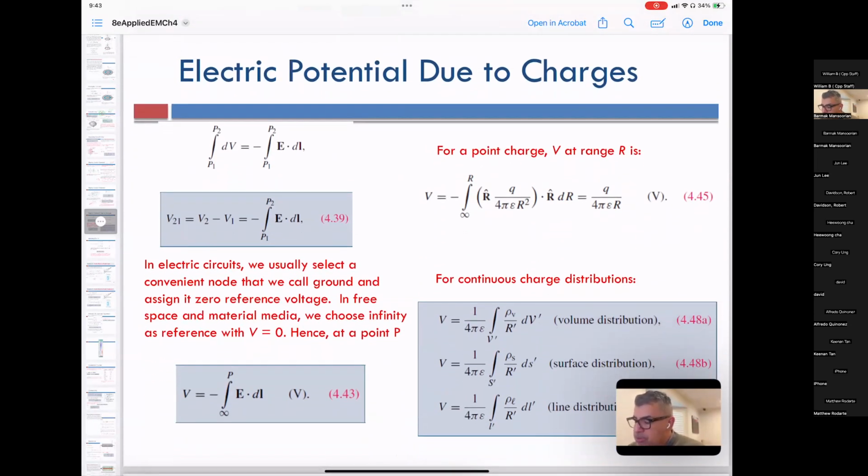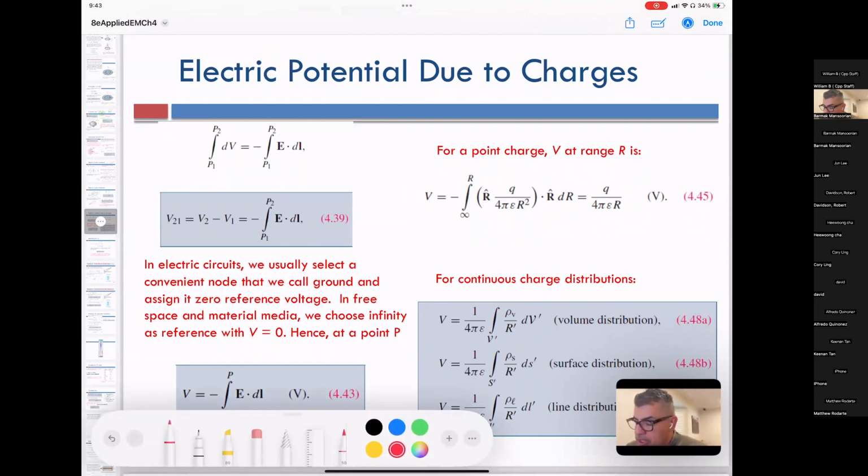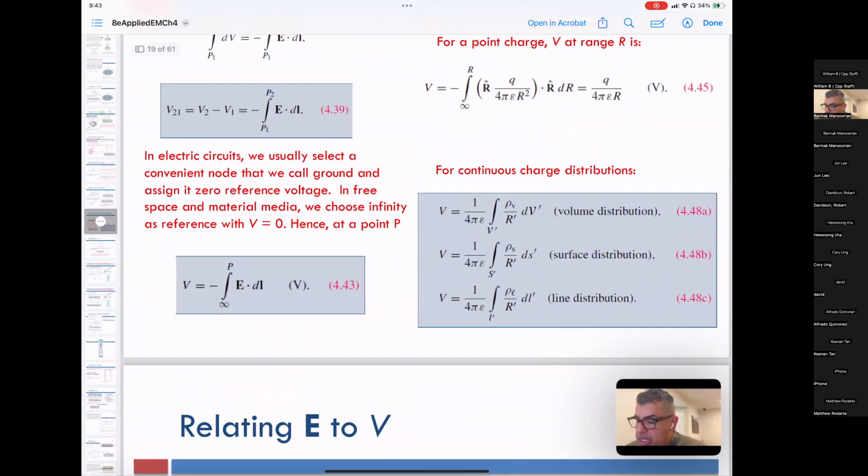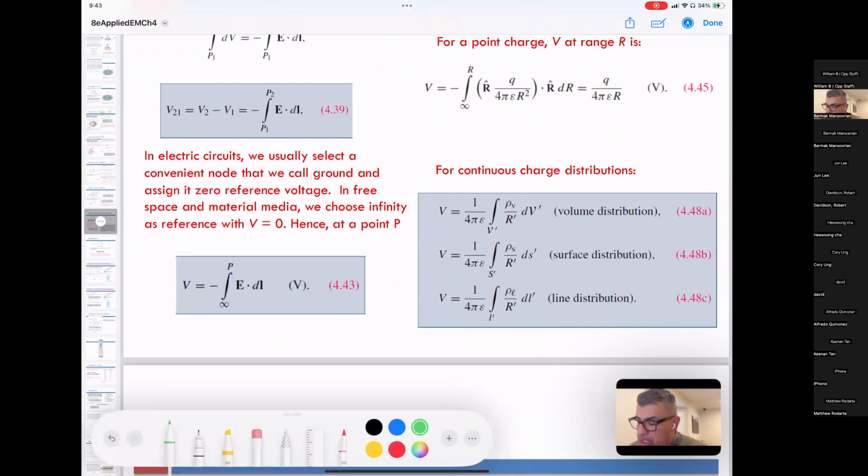And so this slide, the main thing I want to say about it is that by convention, we call a point at infinity the ground and assign it a zero reference voltage just for convenience.